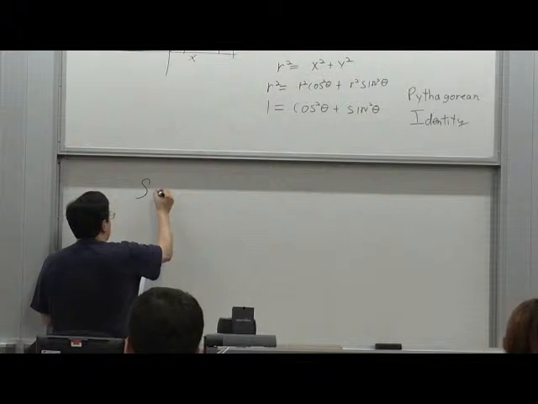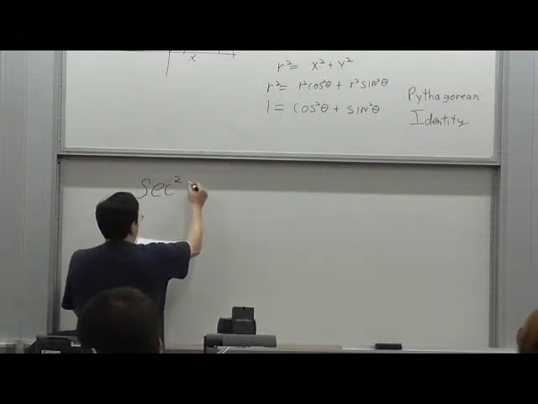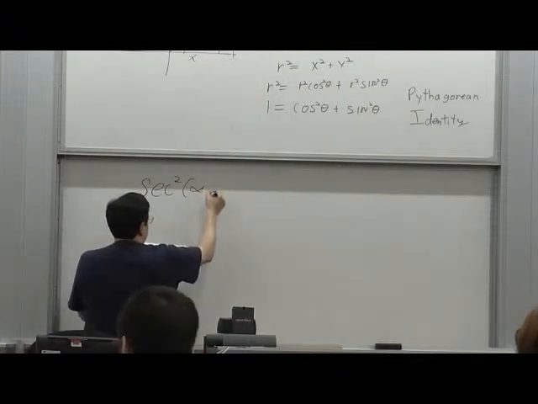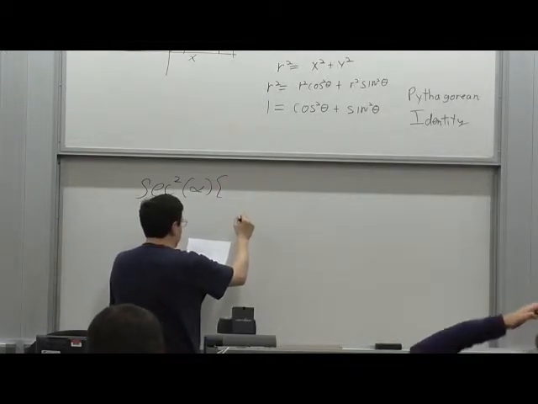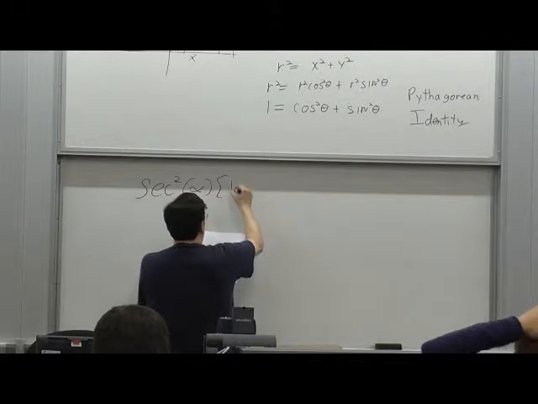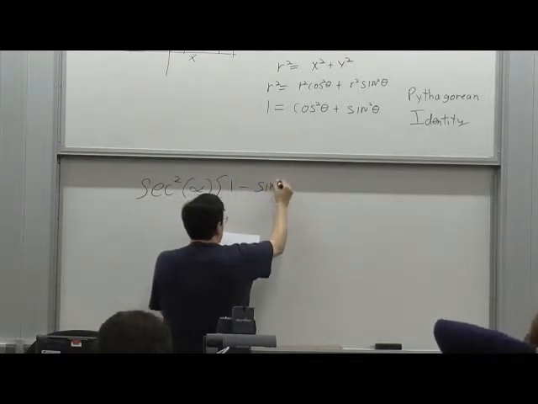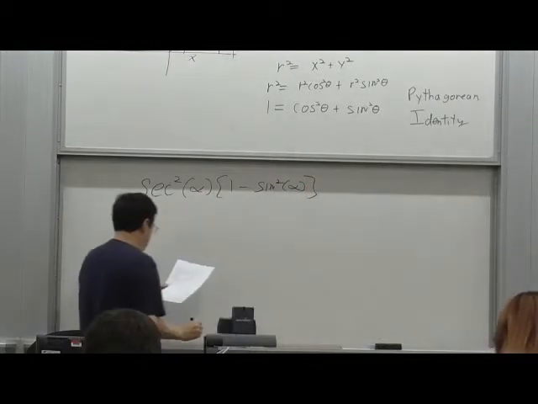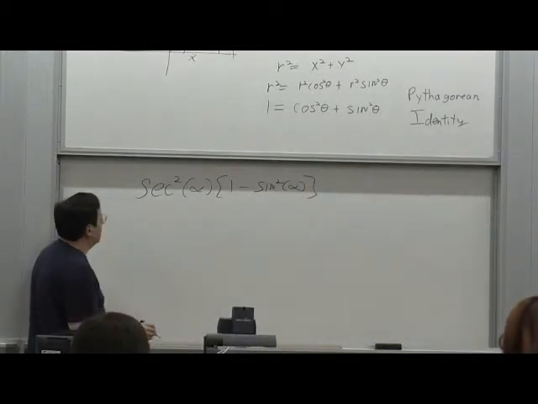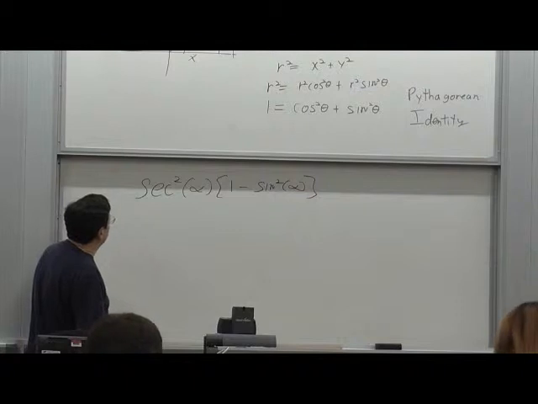Okay, so secant squared. Sine squared. Was there anything to this one, or was this one really simple?